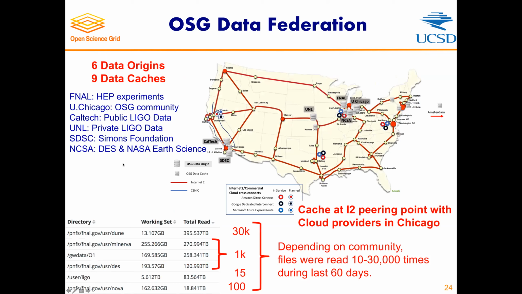If you have your data in a normal file system, organized via typical file system semantics, then we can export that file system that you're running as your production file system to host that data, and make that an origin of the federation.